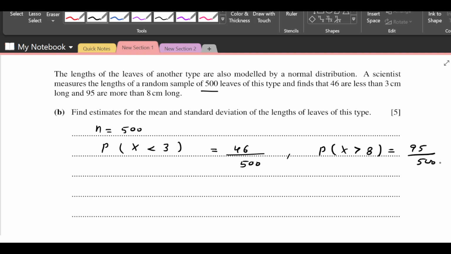Now the probability of x less than 3 means the probability of z less than (3 minus mu) divided by sigma, which is 46 divided by 500, giving 0.092.